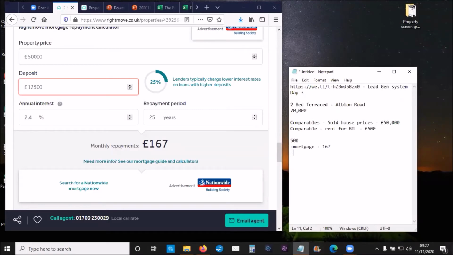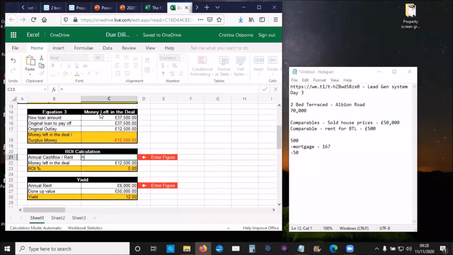Other monthly expenses, I'm gonna put it at 10%. So £50. Okay, so it's gonna be 500 less 167 less 50.